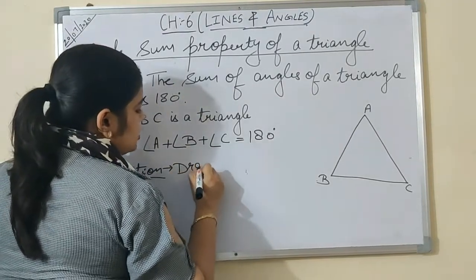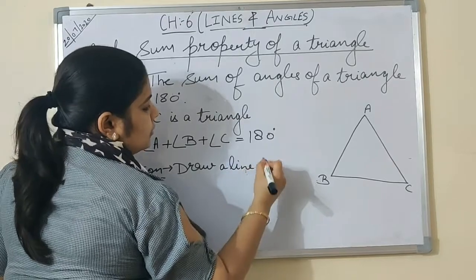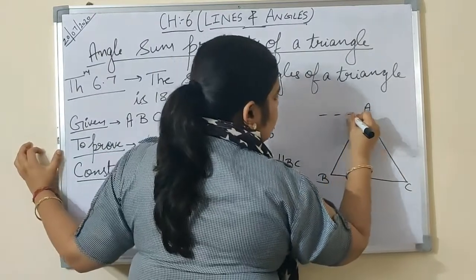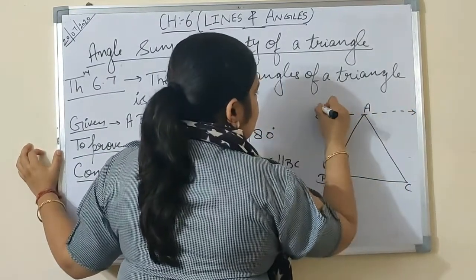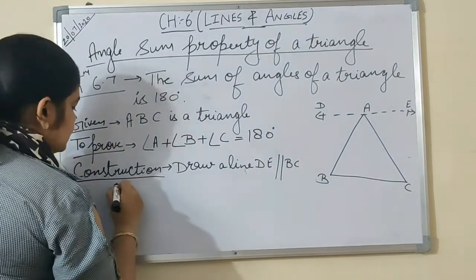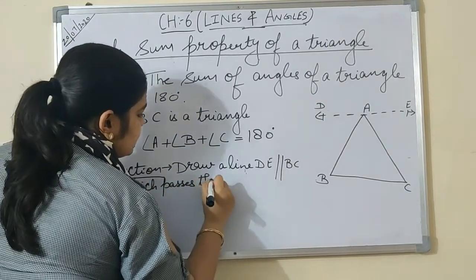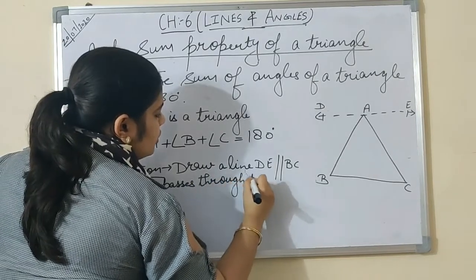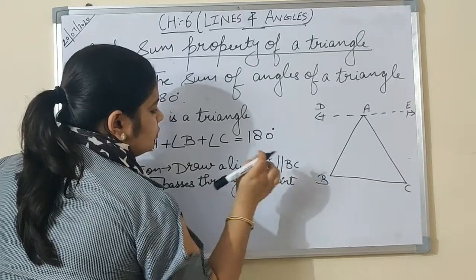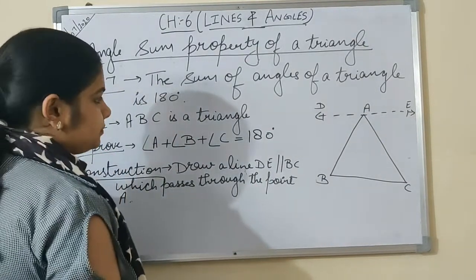So the construction will be that you have to draw a line DE parallel to BC, which passes through the point A. Is this clear?